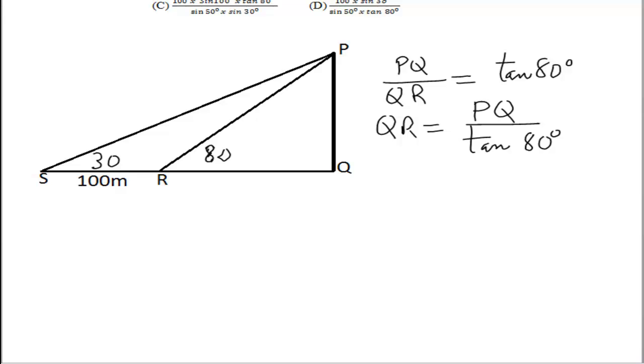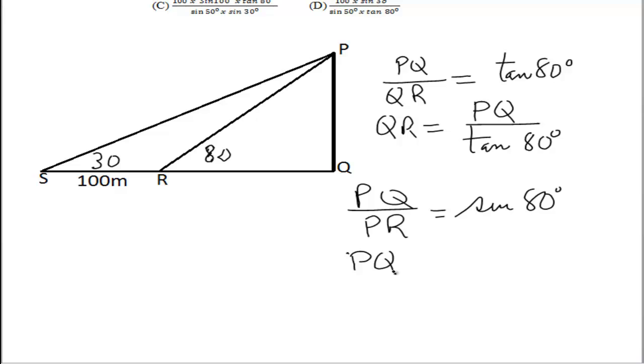Now if you look at PQ and PR, PQ over PR is sine of 80 degrees. So PQ is equal to PR sine 80.